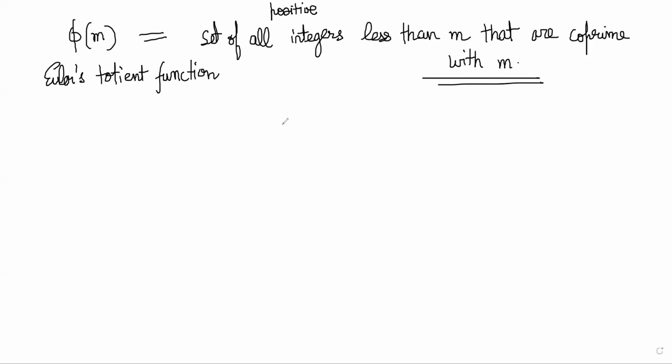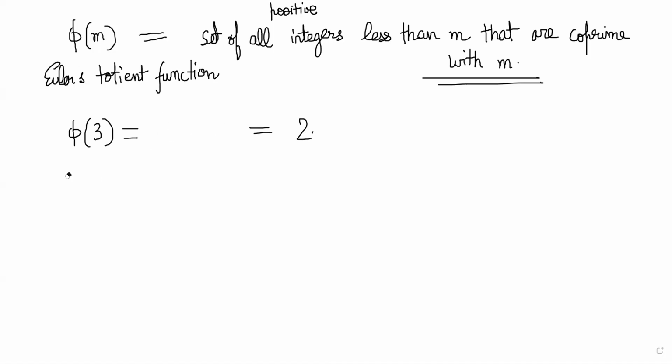So what is the meaning of this? For example, phi of 3. What are the positive integers less than 3 that are co-prime with 3, right? So obviously 1 is co-prime, 2 is co-prime with 3, and that's it. So phi of 3 basically is 2, right?